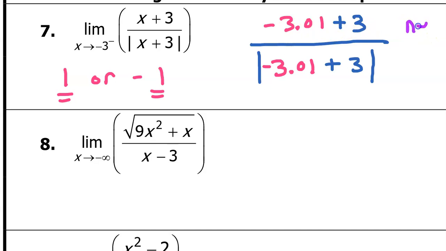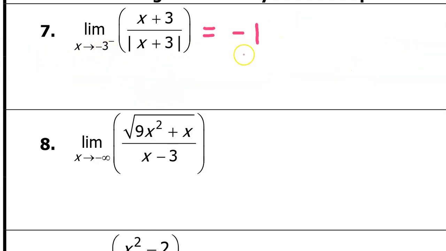So we have a negative divided by a positive, since the absolute value is always positive. So we are going to get a value of negative 1 as we approach negative 3 from the left. All that work I was just showing you, you would really do in your head. That's why I'm calling this limits intuitively. We're using our imagination. So there's your answer.